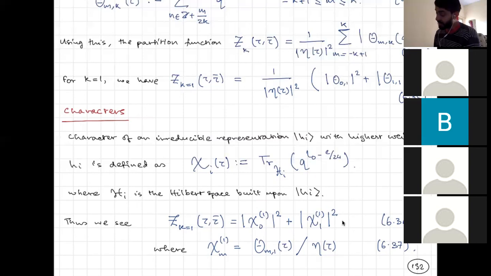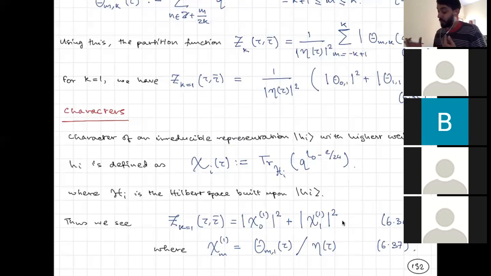And the fun thing is now, if you know what the modular properties of these characters are, then it in turn allows you to infer how you're going to restrict things such that Z becomes modular invariant.